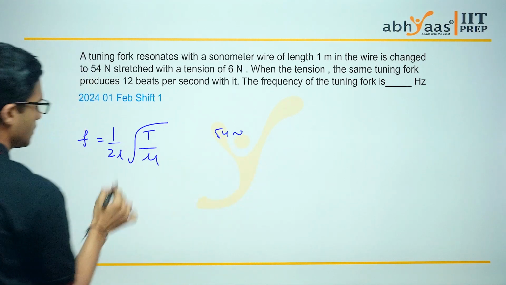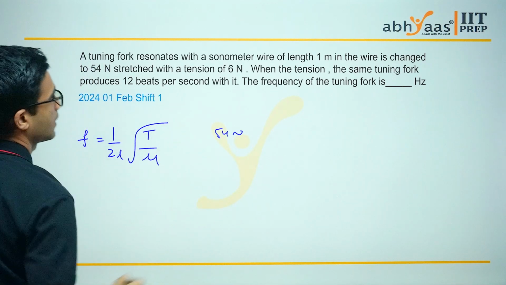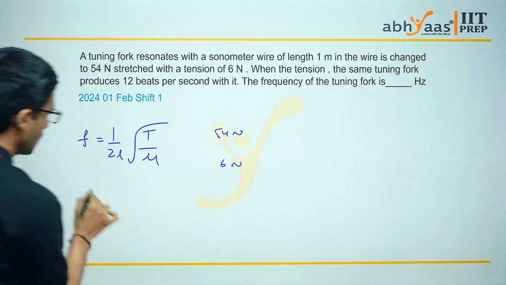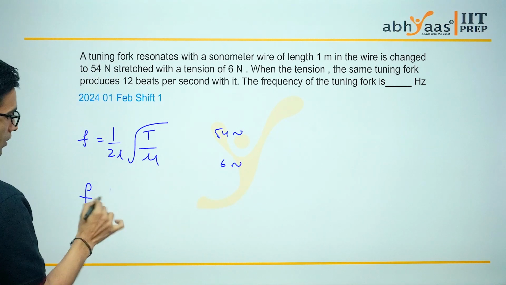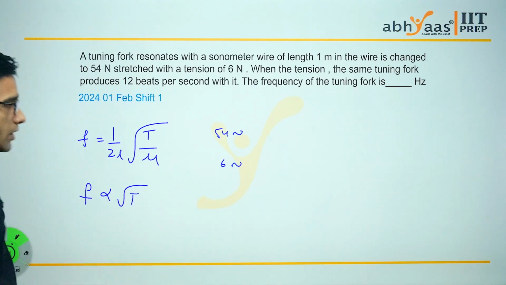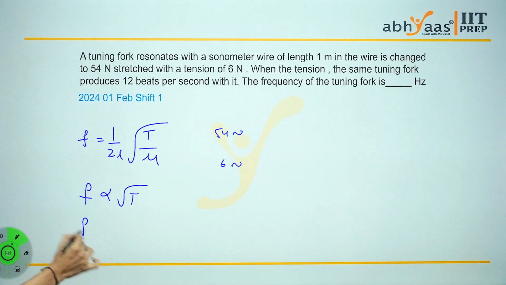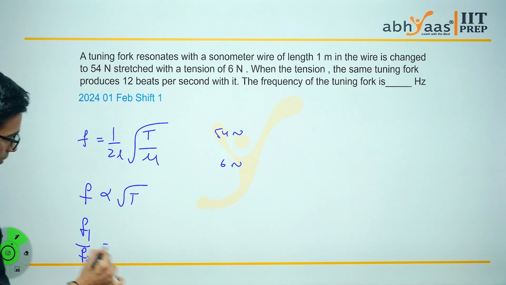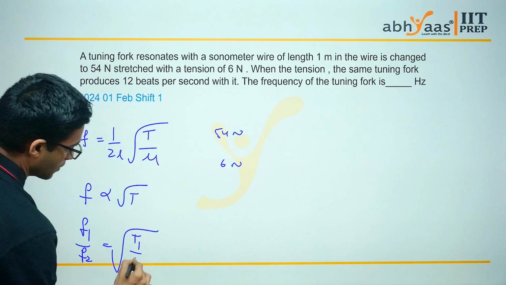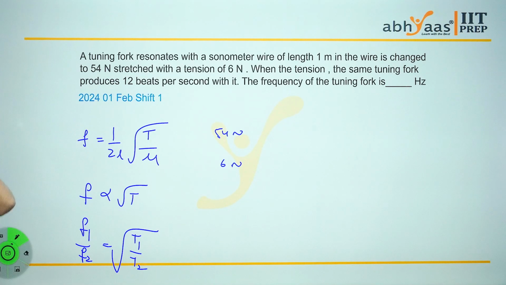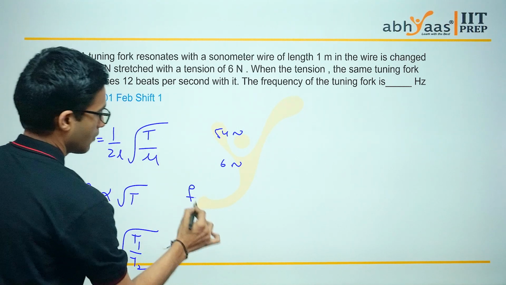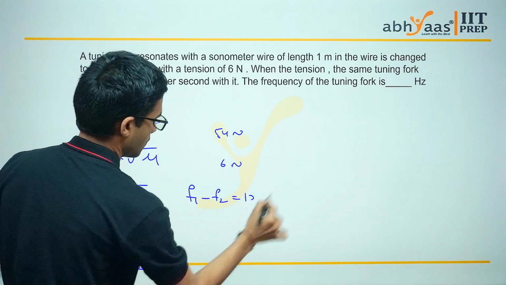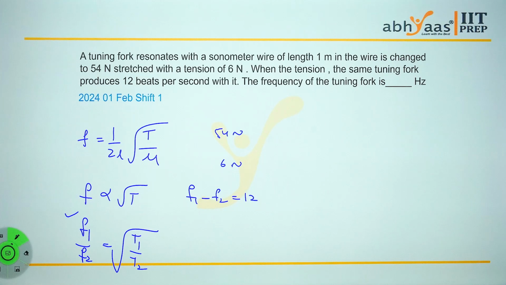Second case, tension is 6 newtons. Remaining things are constant, so F is proportional to root T. So F1 by F2 is equal to root T1 by T2. What is asked is the frequency of the first one. Another thing in the question, F1 minus F2 is 12 beats per second, that is also given.